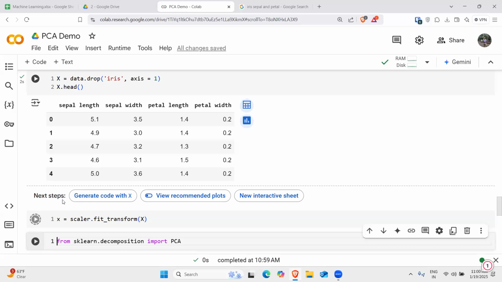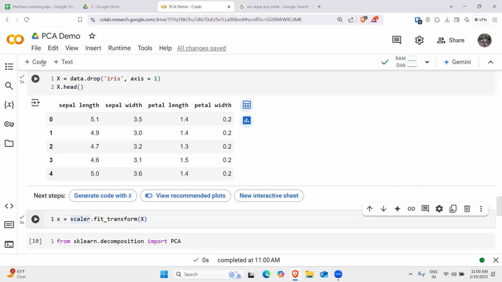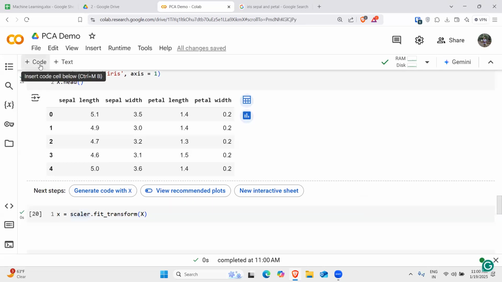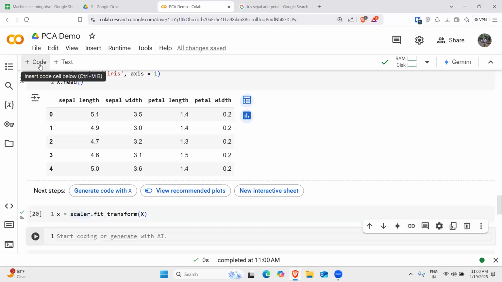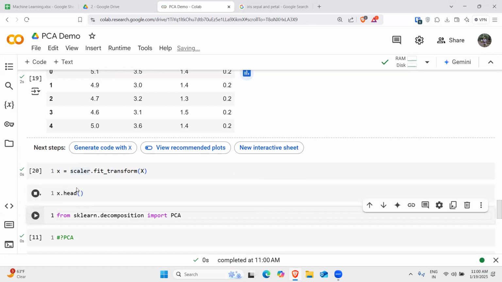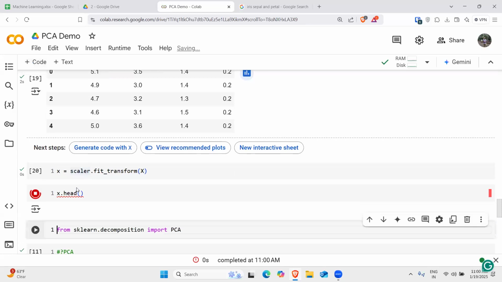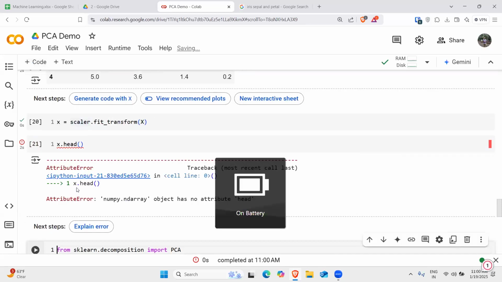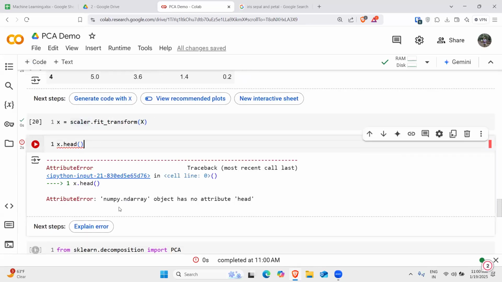After doing this, if you just check small x dot head, or small x, anyway, let us check small x.